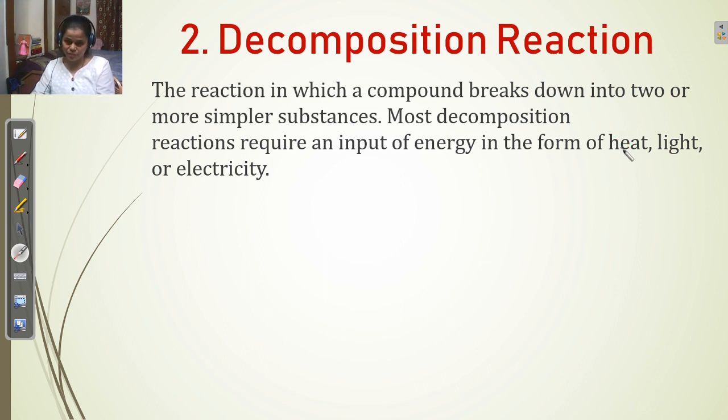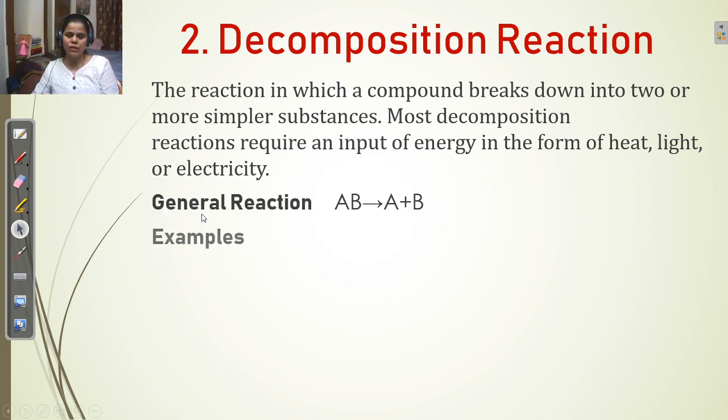Then the decomposition that occurs in the presence of light is a photochemical decomposition, and when the decomposition occurs in the presence of electricity, it is an electrolytic decomposition. These are the three types of decomposition reaction.